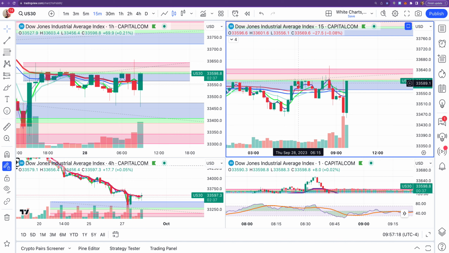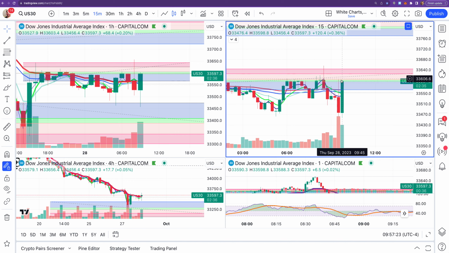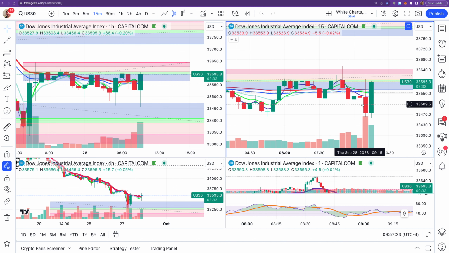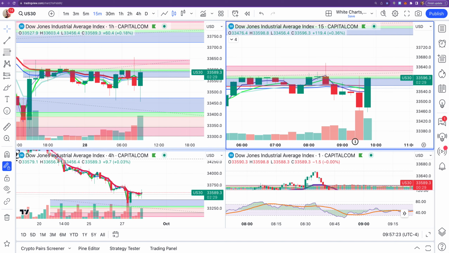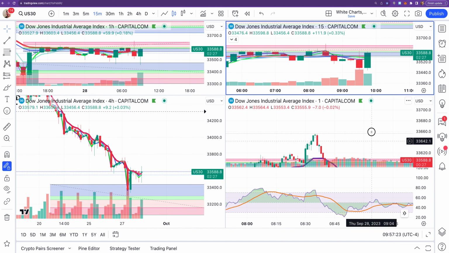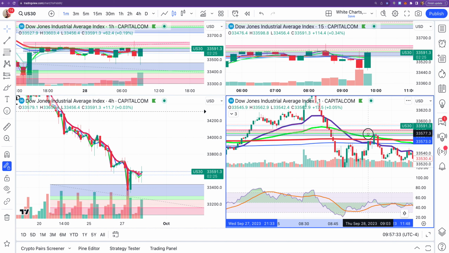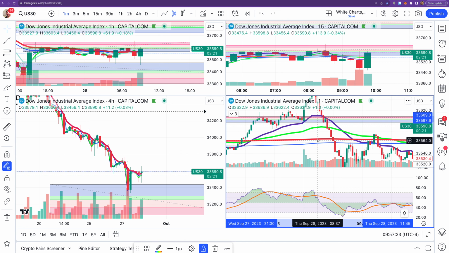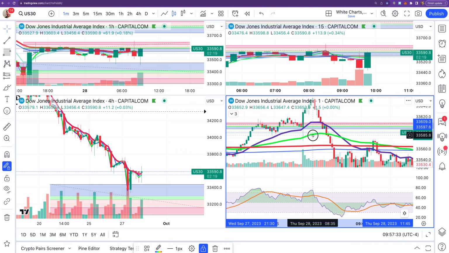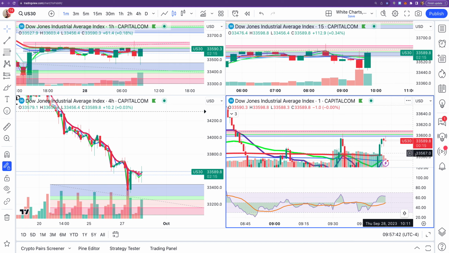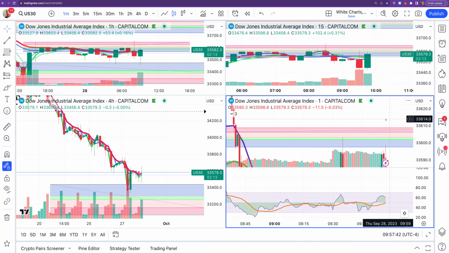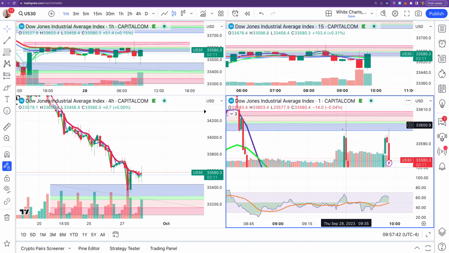Now, the other thing that I saw here, and I'm going to finish up real quick, was that there was confluence on the next push up. Here it is. There was confluence between the push up to the 15-minute reversal zone.